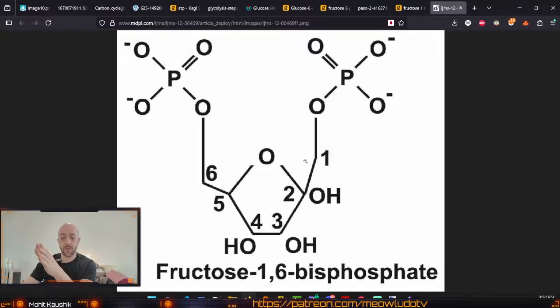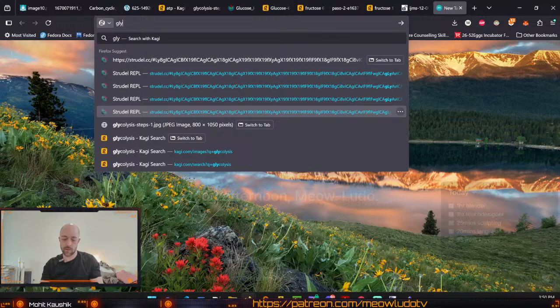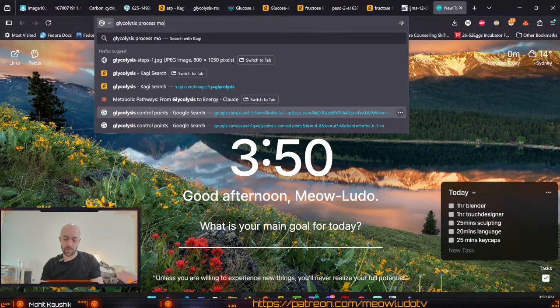Oh, there's another oxygen over here. It's going to look similar, but I don't know if it's going to make two exactly equal products. So let's have a look. That's right. Yeah. So here is where it splits up. This basically creates two slightly separate pathways. I'll see if I can just bring up a glycolysis process molecular.